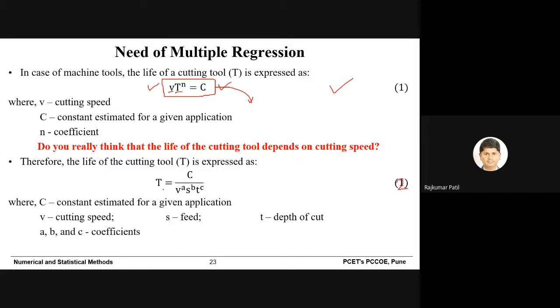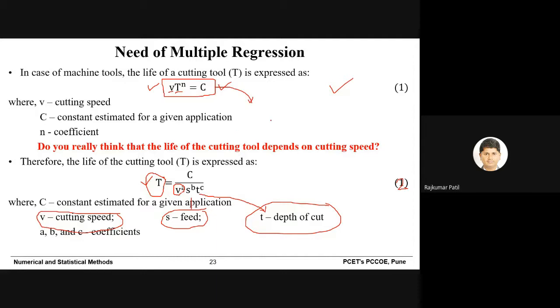So here the very important thing is that along with cutting speed, the life of the cutting tool also depends on feed, which is denoted by S, and it is also dependent on depth of cut. So these three parameters are dominating parameters, and they will affect the life of the cutting tool.